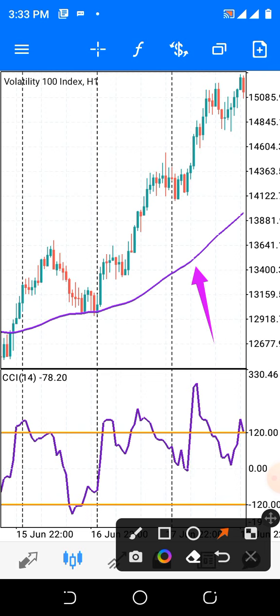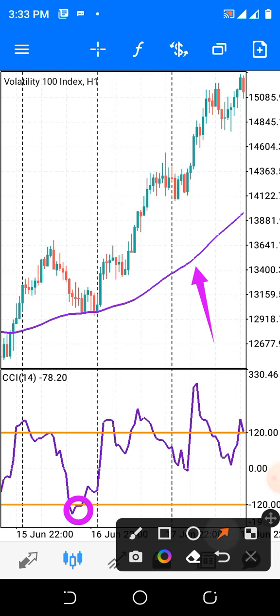If you look very well, you will see two horizontal yellow lines. Now, when the market is in uptrend, whenever the CCI touches the lower line of the CCI, you take a buy position.